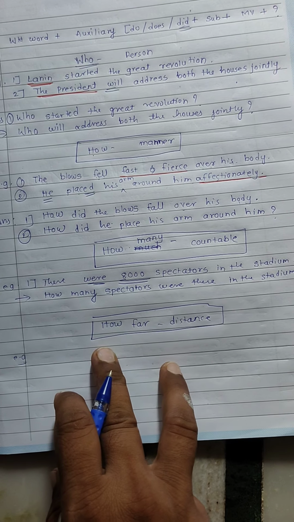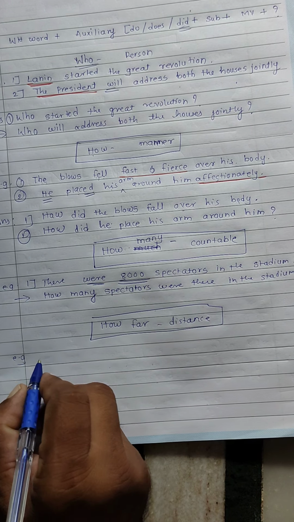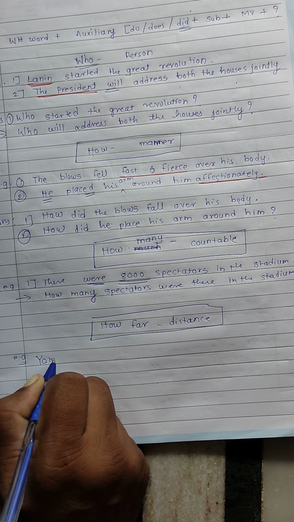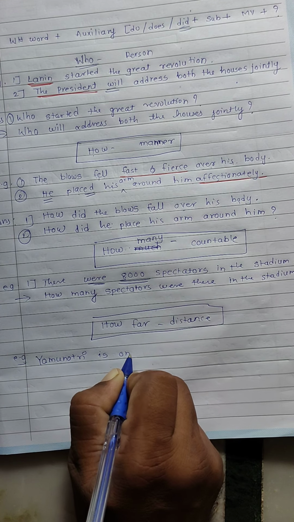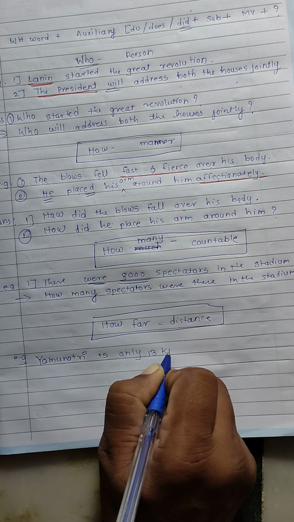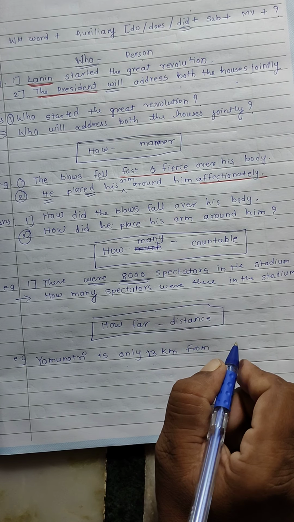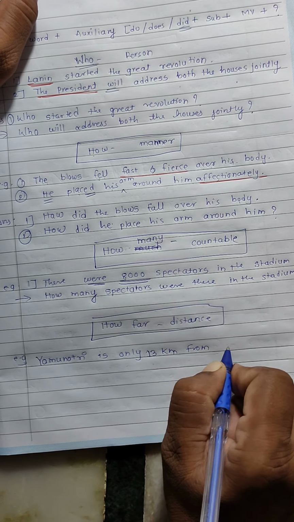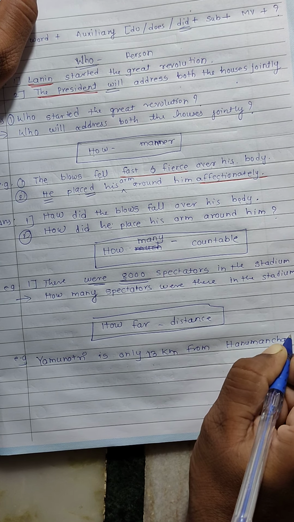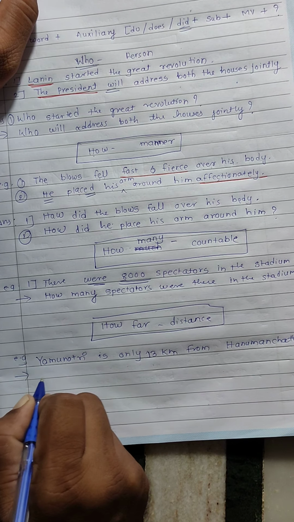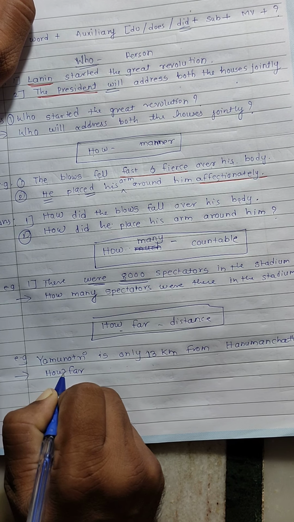So now, if the underlined part shows distance, at that time the question starts with how far. Example: Yamunotri is only 13 kilometers from Hanuman Chatti. Question, answer. So how far? Write down how far.